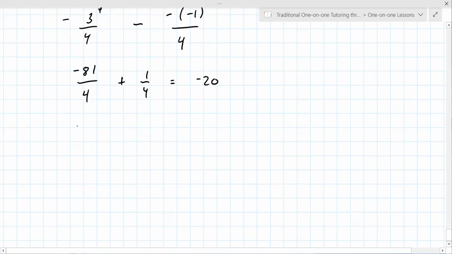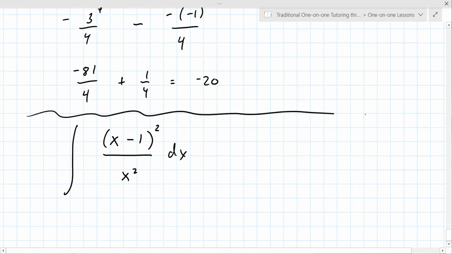And you're going to get some problems like the integral of x minus 1 squared over x squared, which we don't have time for, that are a little bit different. They call them the challenge problems. What would be the u in that one? Well, it's x minus 1, but then you also have to solve for x.